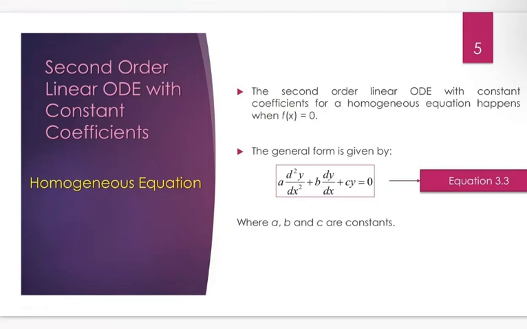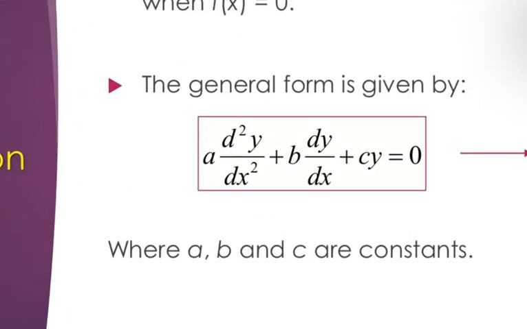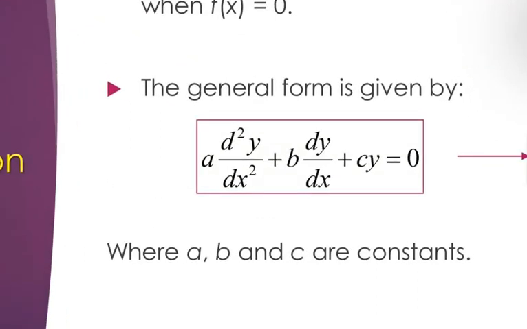Alright, so the general form of the homogeneous equation is given by equation 3.3. So this is our general form. We have a d squared y over dx squared plus b dy over dx plus cy equal to 0.